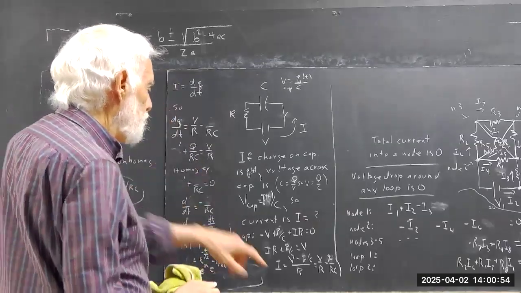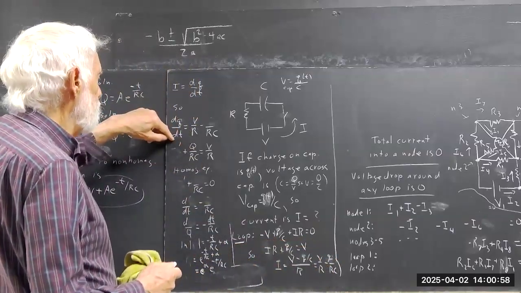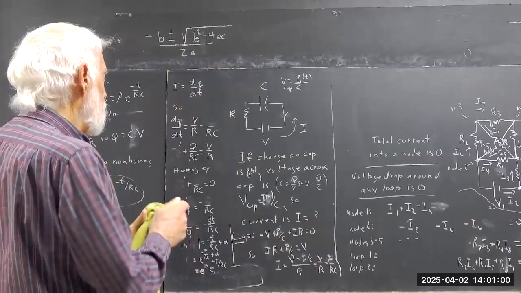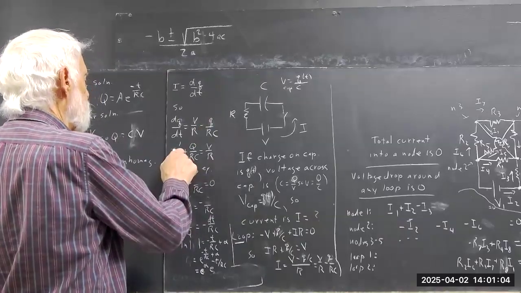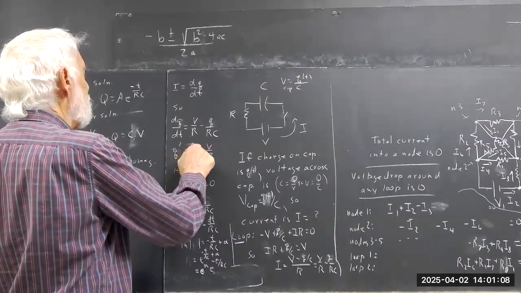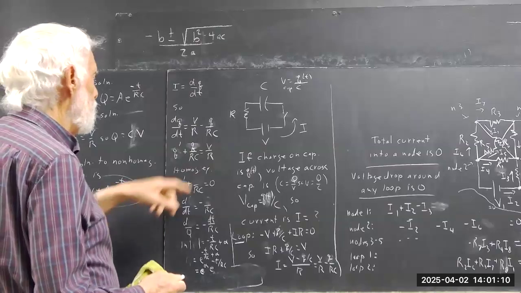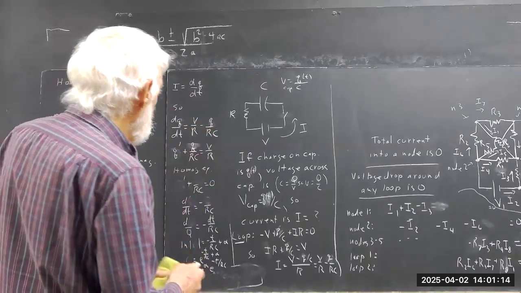I is dq/dt. I is V over R minus Q over RC. So dq/dt equals V over R minus Q over RC. So Q prime, which is your dq/dt, plus your Q over RC equals V over R.